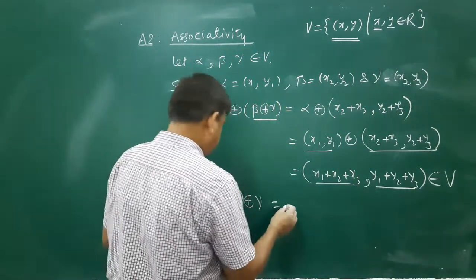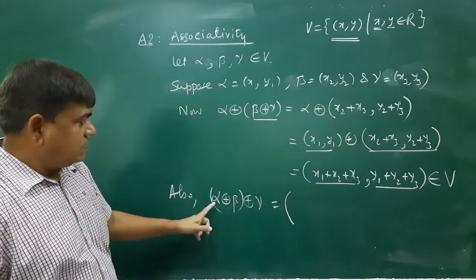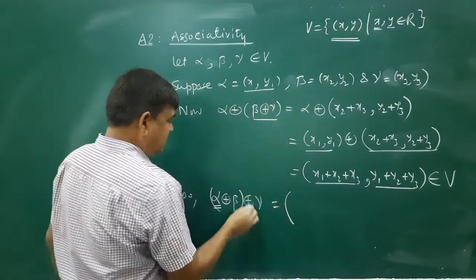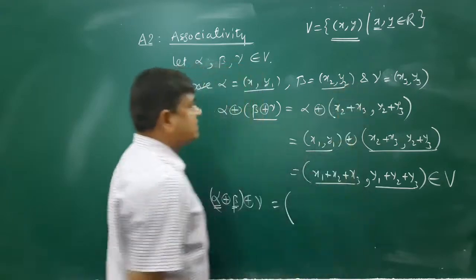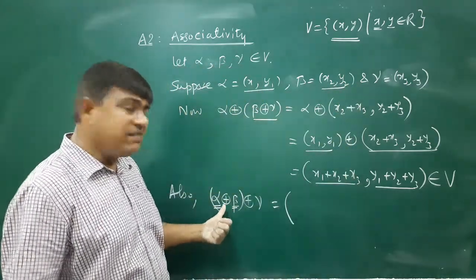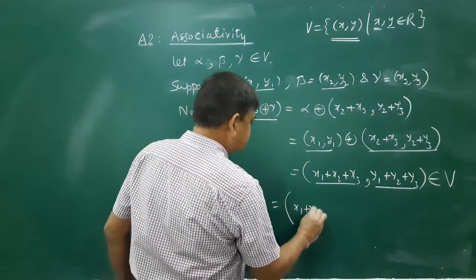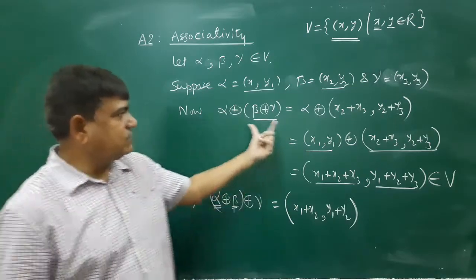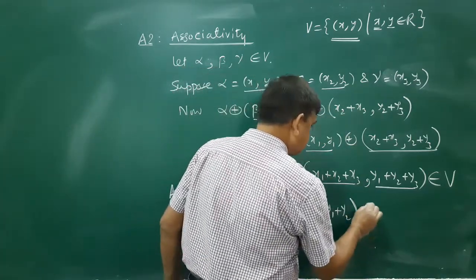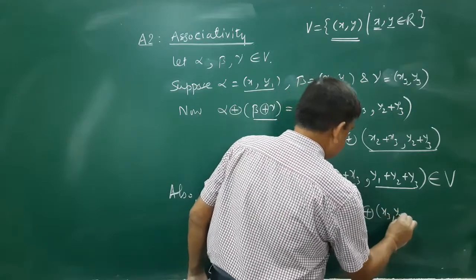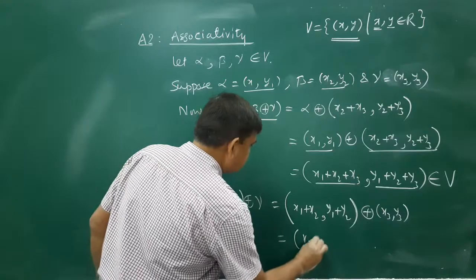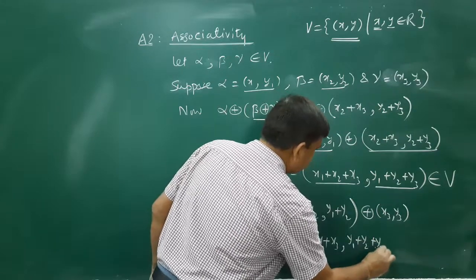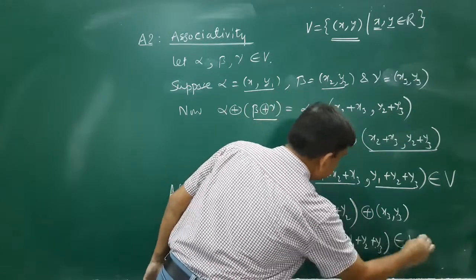Then what is alpha? Alpha means this, beta means this. How to add these two? The rule is given. It is x1 plus x2, y1 plus y2. The answer of this, just like this one. Then gamma, that is x1 plus x2 plus x3, y1 plus y2 plus y3.